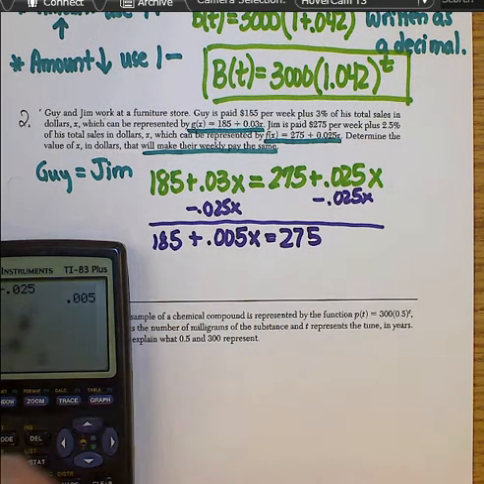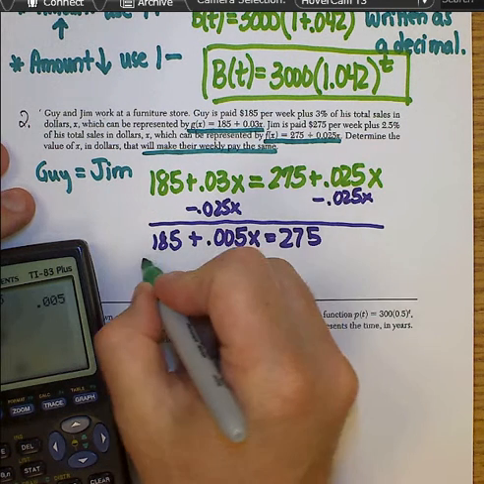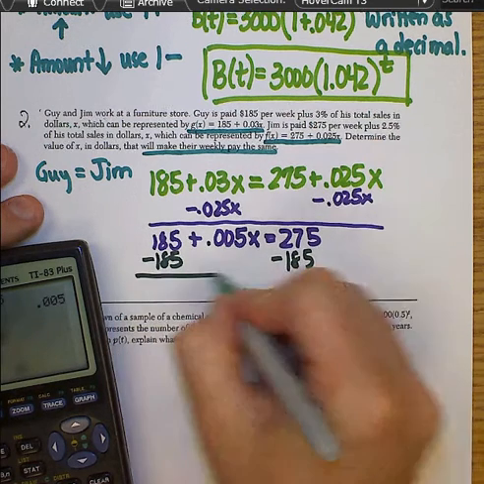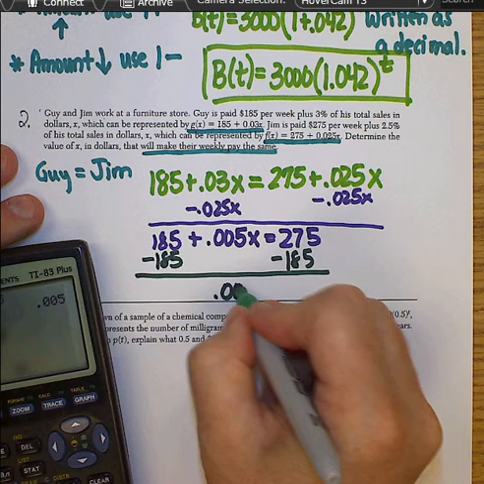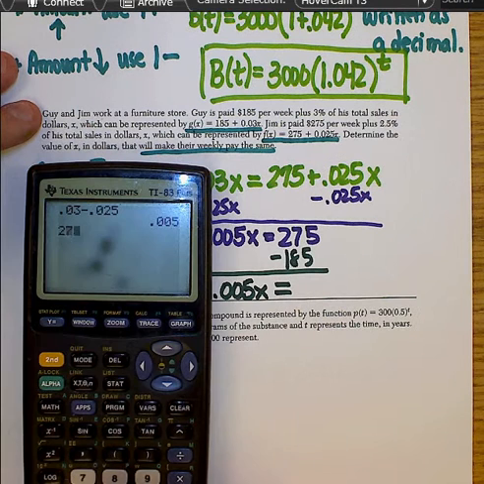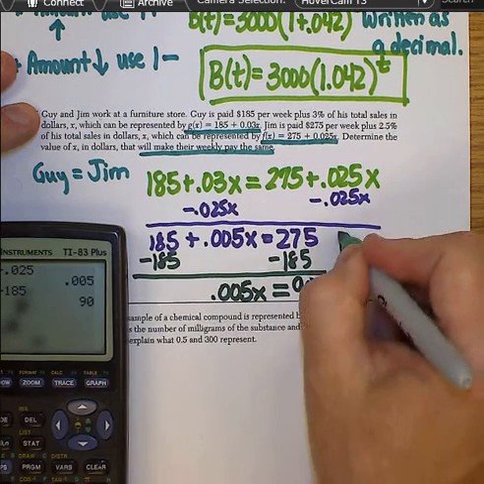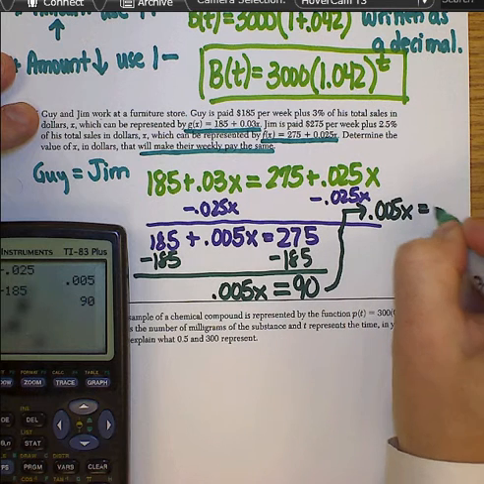Well, now my x is on the left-hand side. I want to move it over to the right-hand side. So I'm going to leave the x here. I'm going to move everything else away from it. So I'm going to isolate it by getting rid of that 185. So now I have 0.005x is equal to, and again with your calculator, 275 minus 185 equals 90. I have 0.005x is equal to 90.